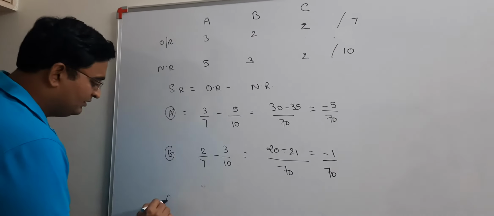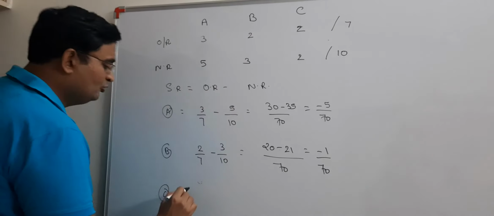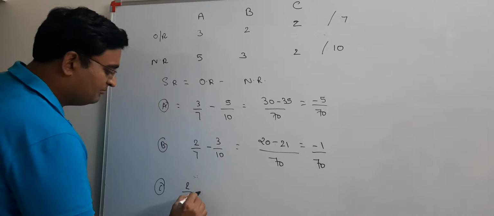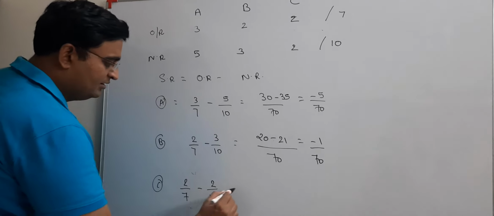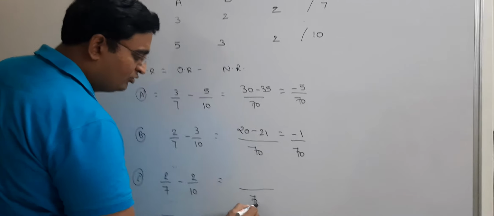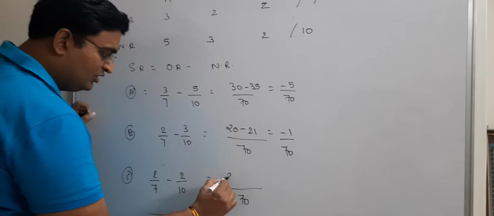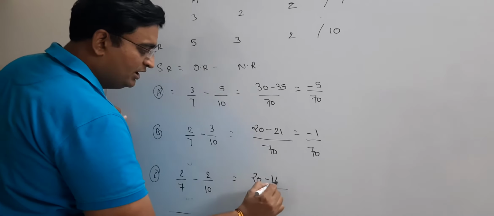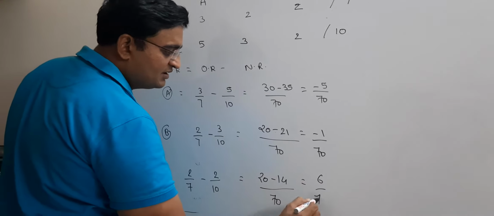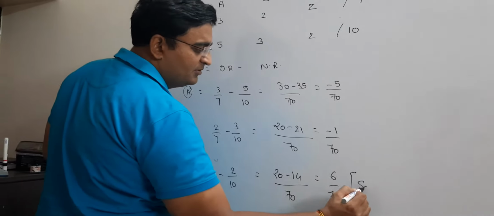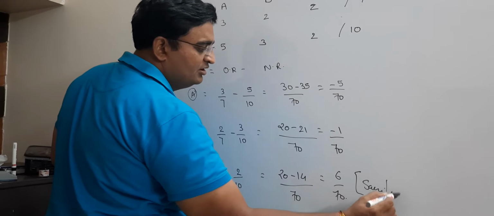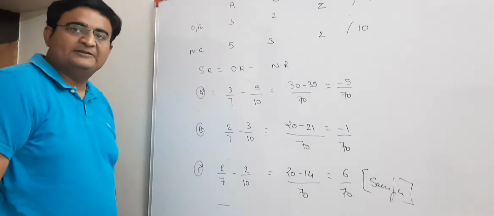Coming back to partner C, that is 2 by 7 minus 2 by 10. So simply what I need to do? Cross multiply. 10 2s are 20 minus 14. That comes to 6 upon 70. So this particular person's answer is coming in positive. So C is sacrificing.